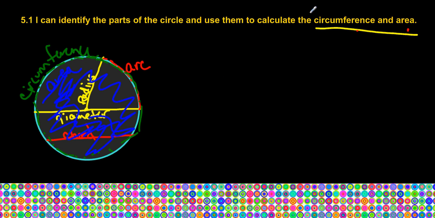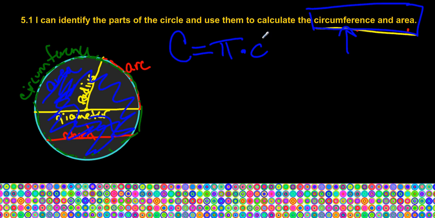And now we're going to take a little look at how we calculate those two pieces, the circumference and the area. Let's start here with circumference. The formula for circumference is equal to pi times d, where d is the diameter.